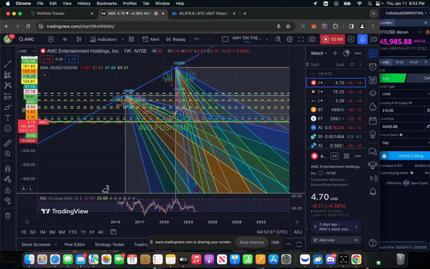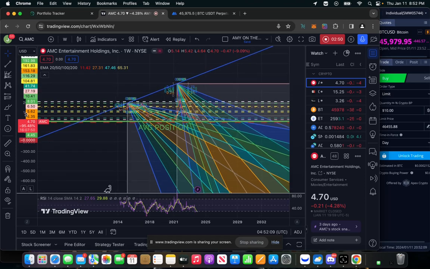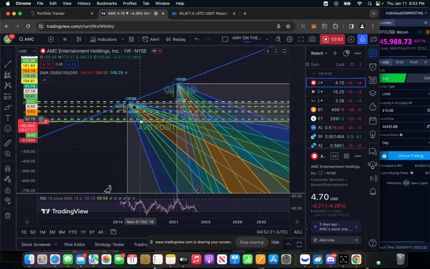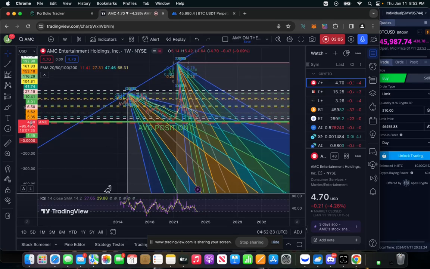So this blue line here is hitting a couple of significant prices in AMC's history.